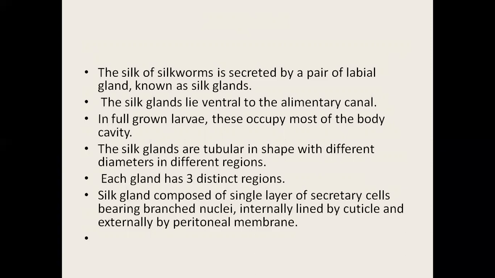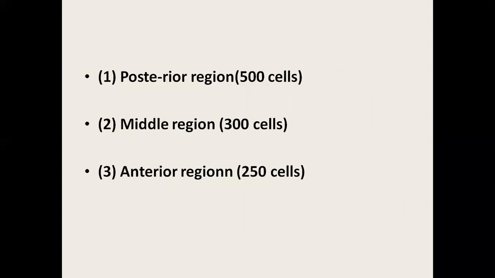So we can see in the microscope, the silk gland structure is composed of a single layer of secretory cells, with nuclei, internally lined by cuticle and externally by peritoneal membrane.